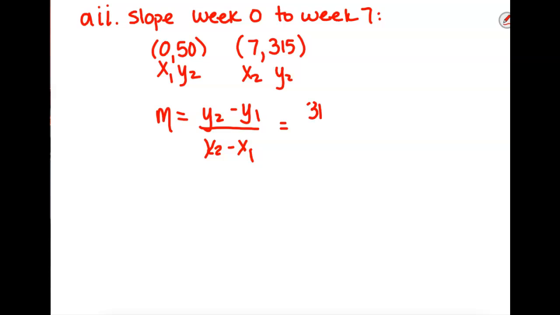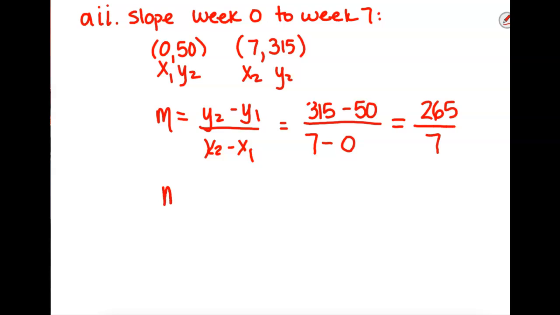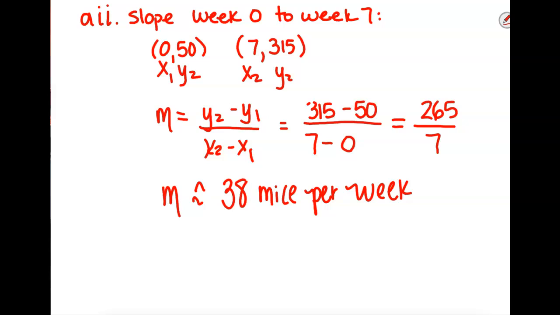So 315 mice minus 50 mice, that's your change in y. Change in x, 7 weeks minus 0 weeks. Simplify the numerator and the denominator. And we get that slope to be about 38 mice per week. That's your rate of change. You're increasing 38 mice per week overall.